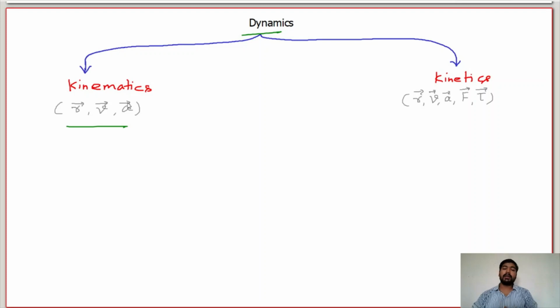We will not concentrate on how the motion is being caused, that means which force is acting and which is not. In kinetics, we will focus on how the motion is being done, what forces are applied which cause the motion. So let's proceed with the kinematics.